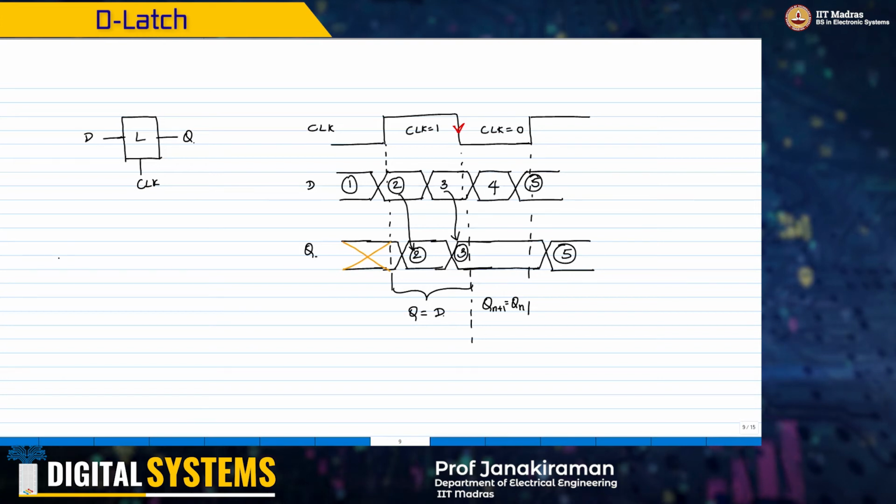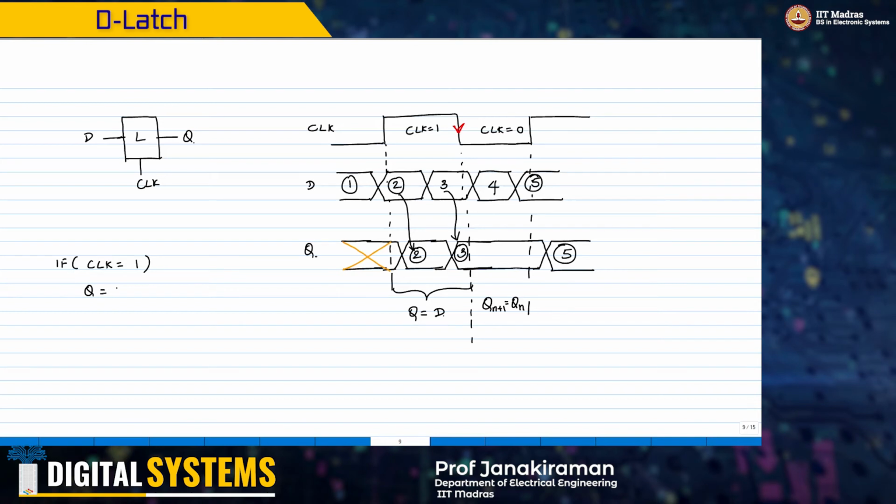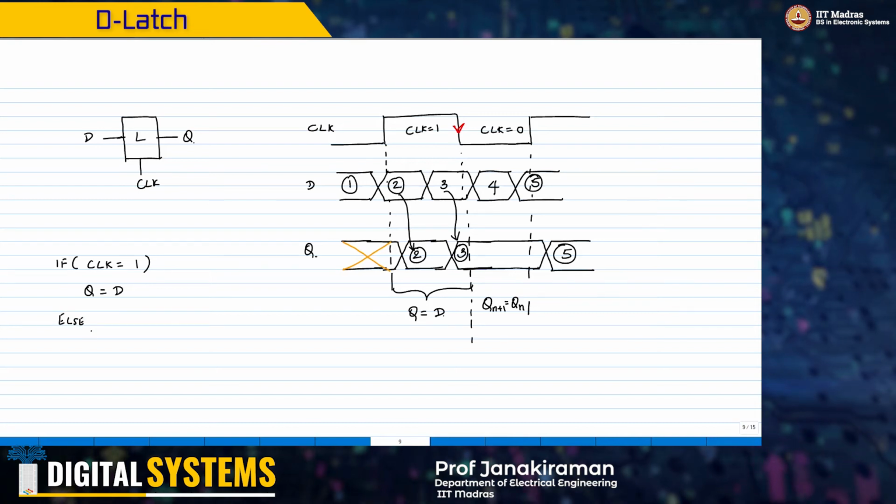If you write this in terms of pseudo code, this is what you will do. If clock equal to 1, Q equal to D, else Q equal to Q. That's all.